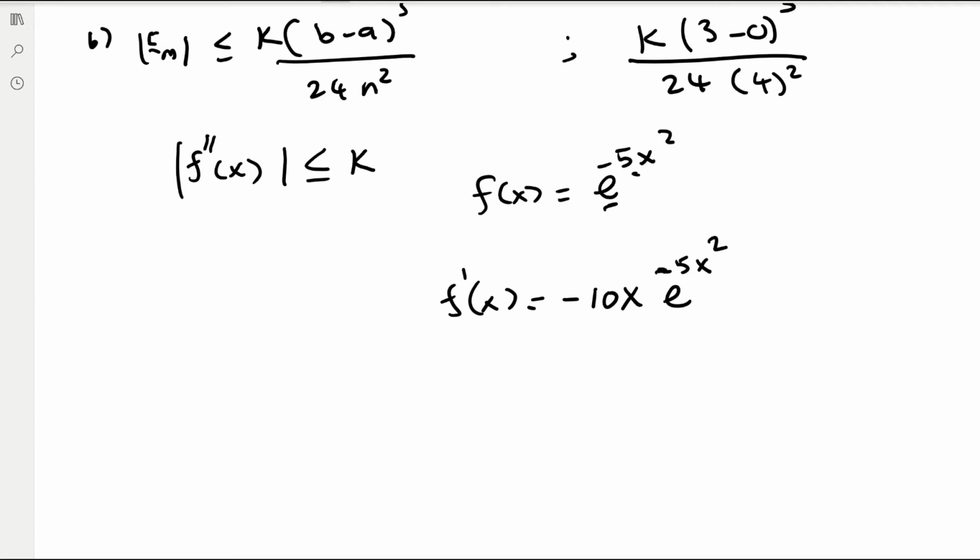So this is the first derivative, and then for the second derivative you have to use the product rule.